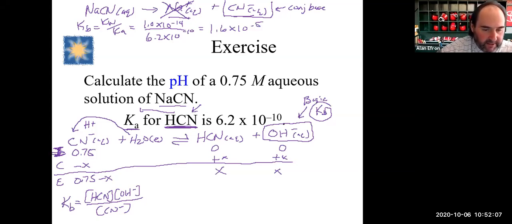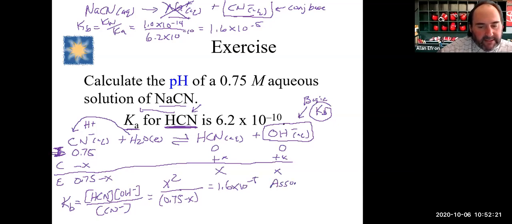So putting in our equilibrium line, we have x squared over 0.75 minus x equals, again here, our Kb value, not the Ka value. We're going to assume that x is equal to 0 here. And basically, we're going to take our Kb value times 0.75, and take a little square root of it.